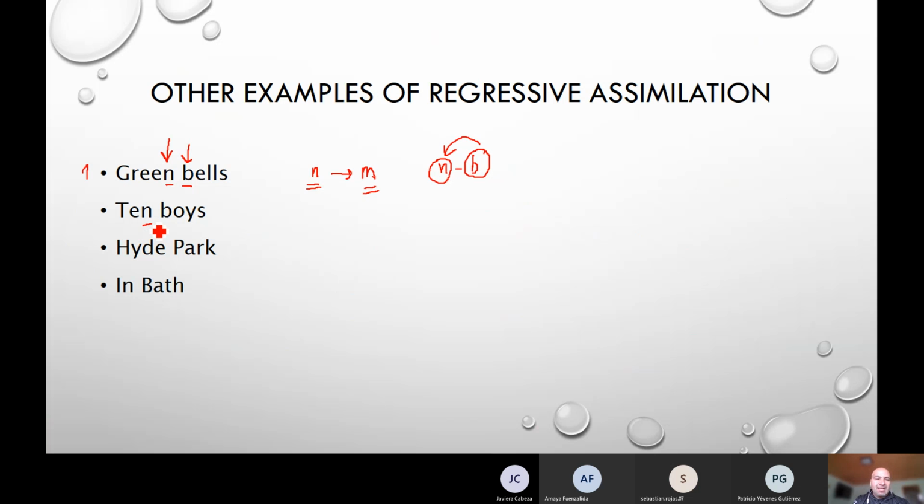When you say ten boys, when you go quickly and you say ten boys, the n becomes more like m, because before b it becomes more similar to m.